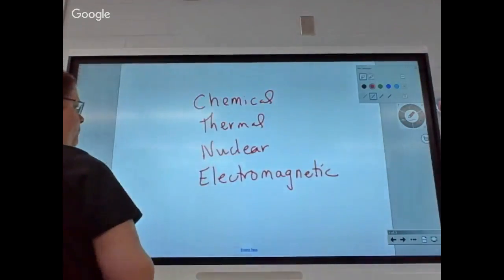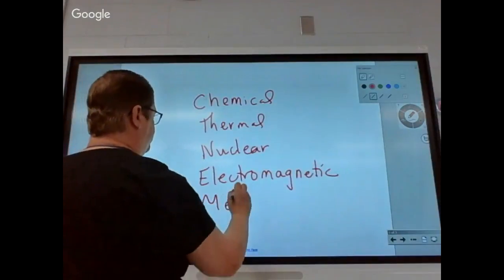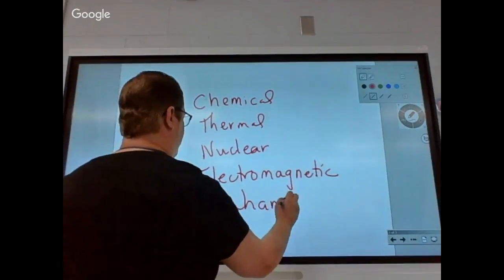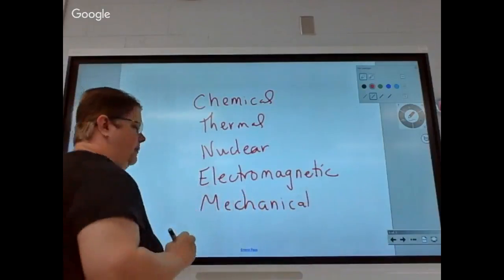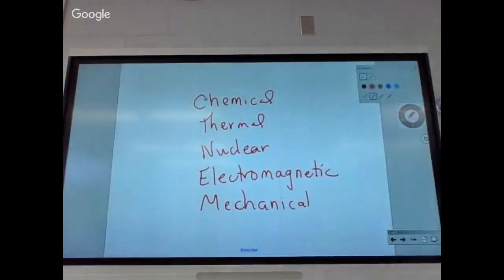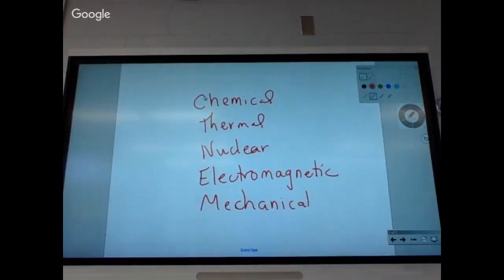Which one's missing? Mechanical. All right. So if we look at number 1, with a waterfall, what kind of energy does it have? Looking at those 5 types: mechanical. Why? It's motion.